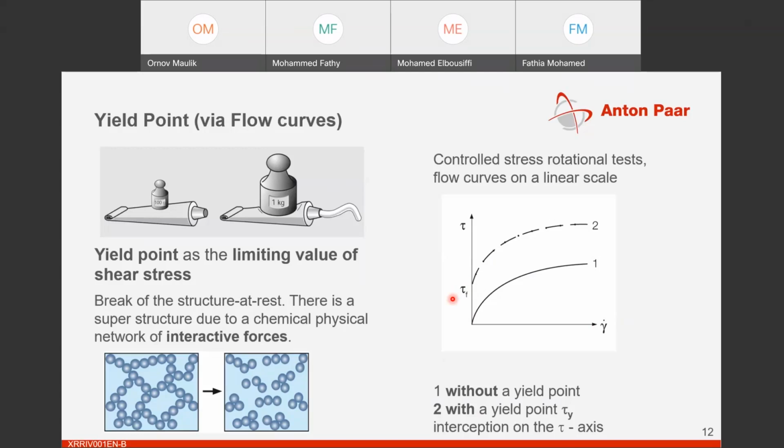Although this is widely used, I would say this is not a correct way to measure the yield point of any particular sample. I'll come to that, why it is not that accurate a way to measure the yield point of any particular viscoelastic material.